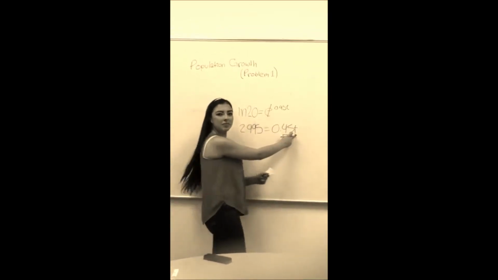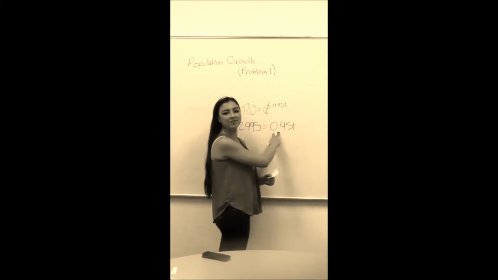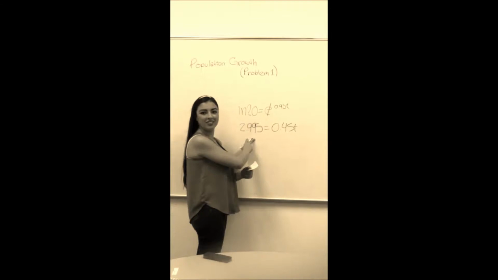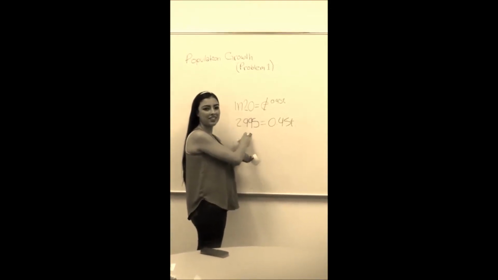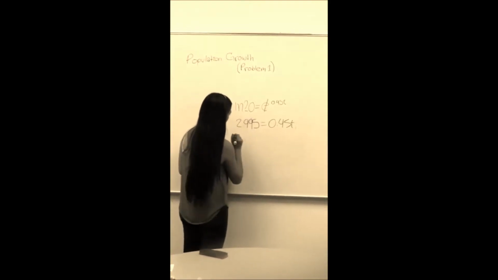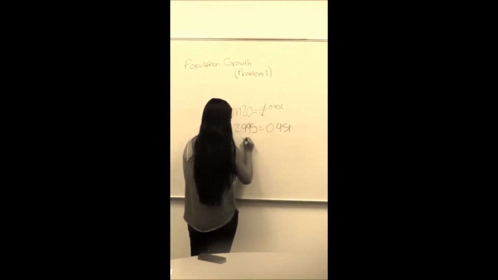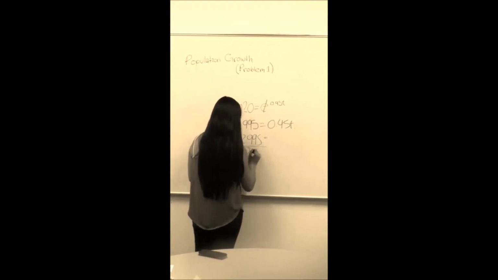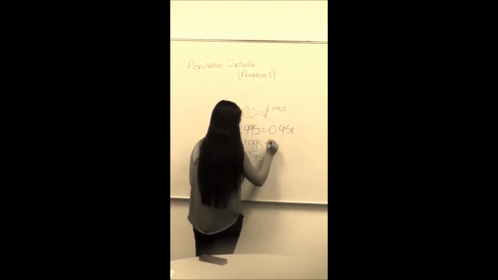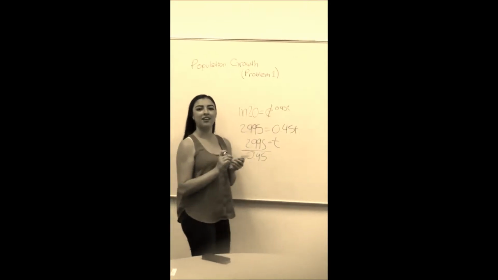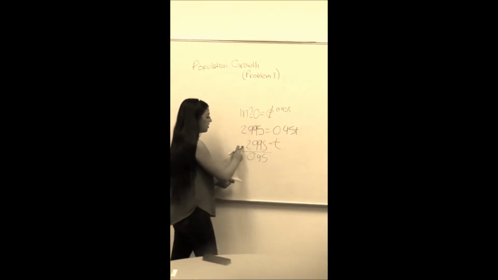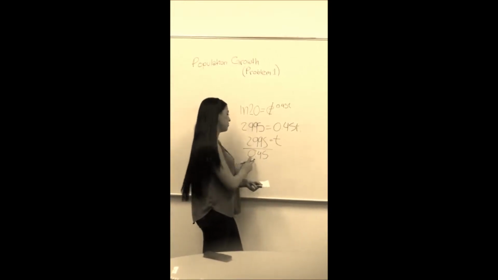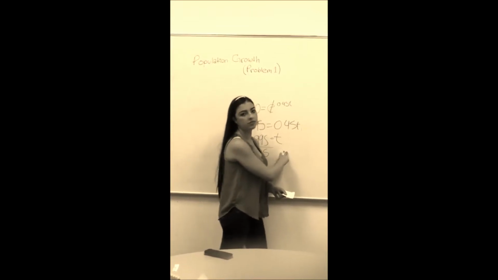t is multiplying by 0.45, so this passes dividing to the other side, and it gives the result of 2.995 divided by 0.45 equal to t.